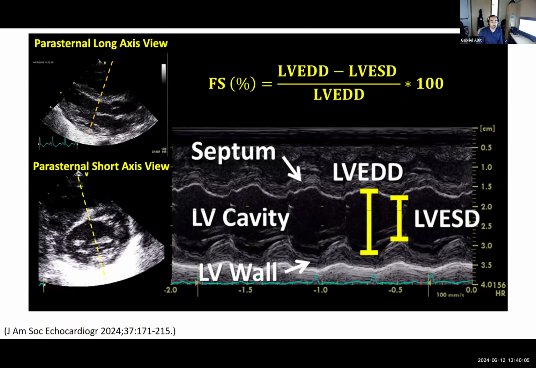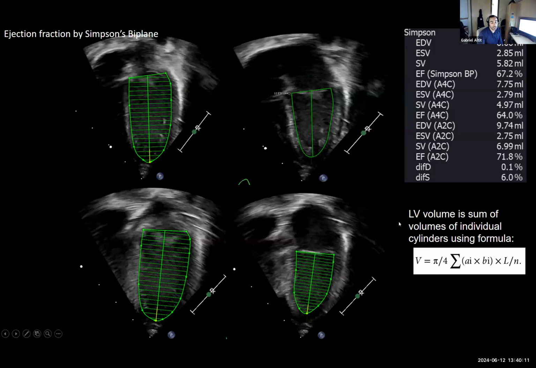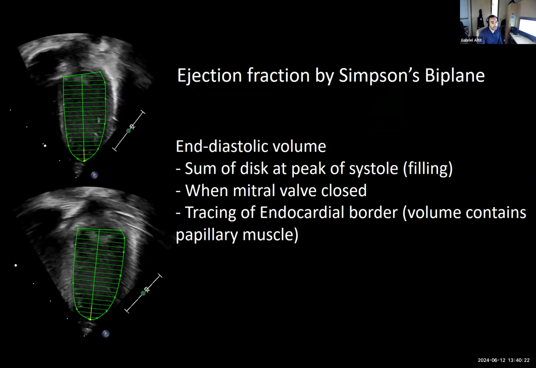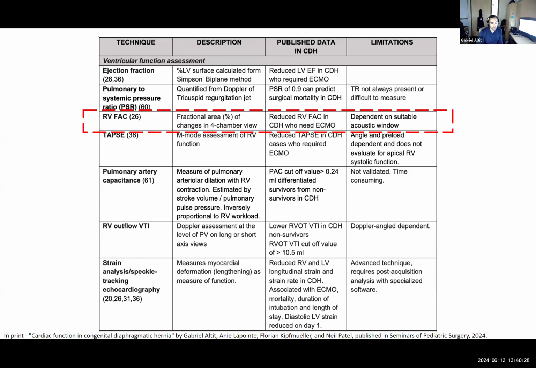This is an example of the shortening fraction, where we look at the diameter in diastole compared to systole. We can look at the ejection fraction, which quantifies the amount of end diastolic volume compared to end systolic volume, using a biplane method of anterior posterior and septal to lateral wall.